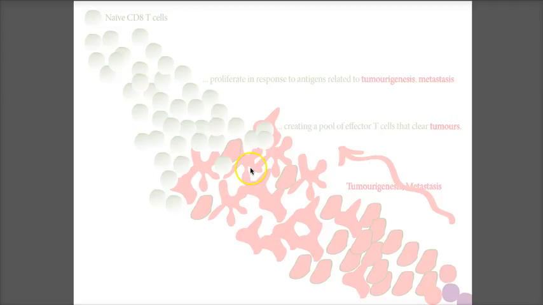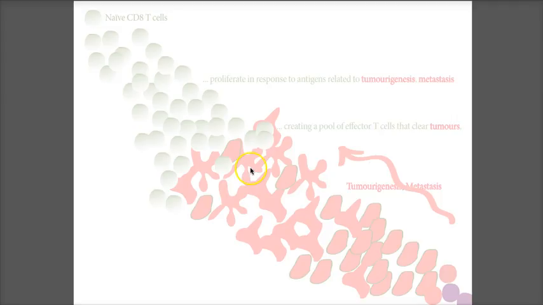Upon recognition, there's a proliferative signal that expands the population of T cells, and these are killer T cells. They kill the cancerous cells at this point. The process fails if the recognition event of non-self antigens on the surface of cancer cells fails. We'll cover this again in class.